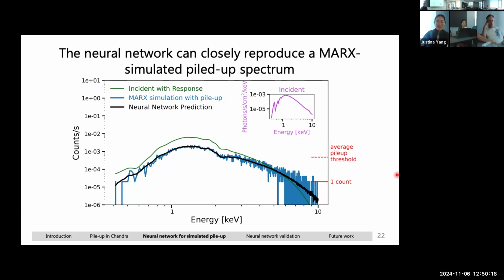Unfortunately not. I am currently not working on a way that will undo pile up. What I'm working on is a faster way to evaluate how pile up distorts the spectrum, so that you can do forward modeling faster and then deduce parameters that produce best fit piled up spectra when compared to observations.